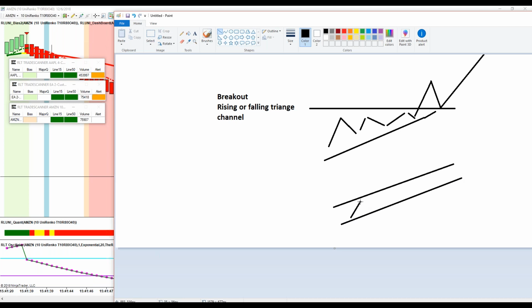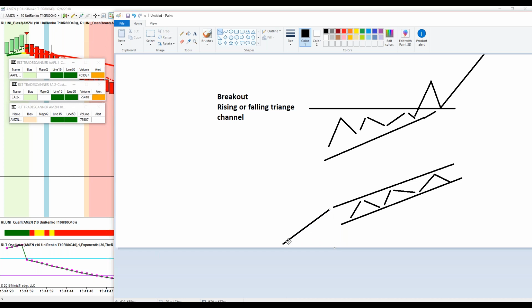You price inside. Now, there are things about a channel that a scanner cannot tell you. First of all, when price goes into consolidation and forms a channel, it almost always breaks out in the direction it went in.